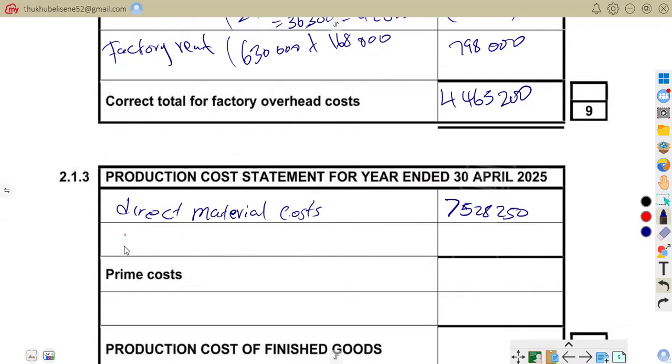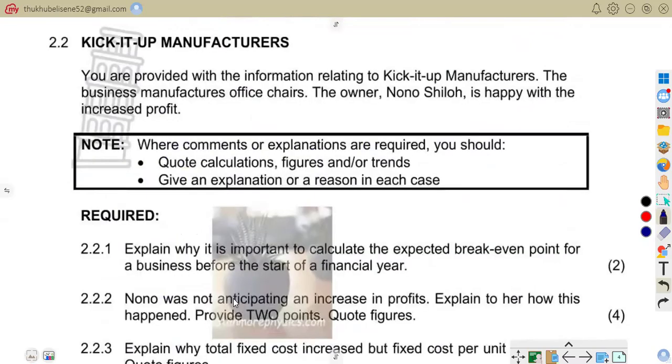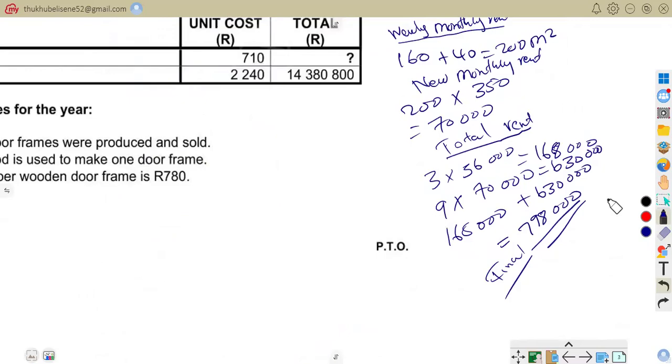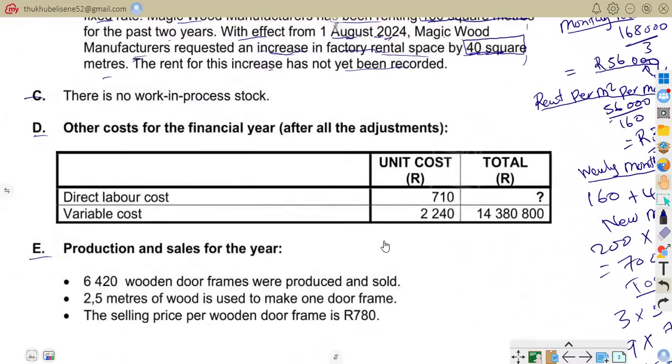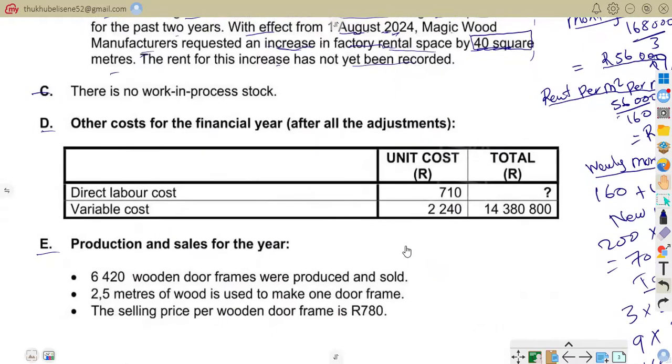So now we are calculating direct labor cost. So how much is our direct labor cost? So now we are to go and calculate it.